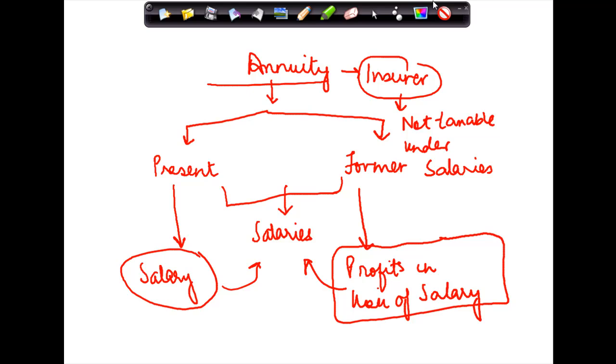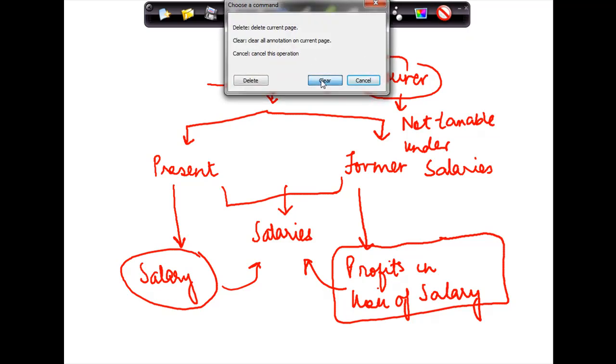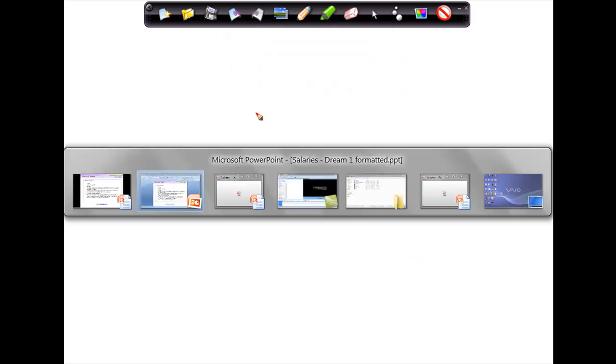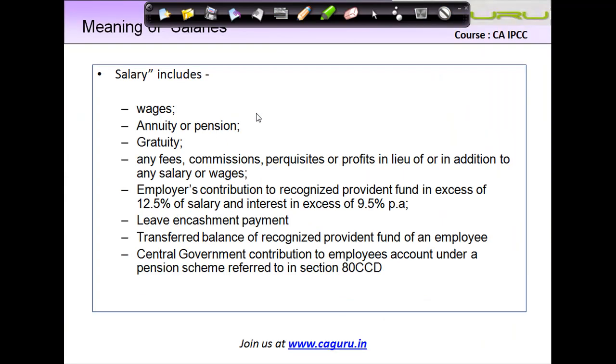Or pension. The next one which we saw was pensions. Now your question might be, what do you mean by pension? Normally once an employee resigns from the services, say someone worked till the age of 58 and thereafter retires, in order to show gratitude towards that person who served the company for a long time, companies give pension, which means maybe not the entire salary but a percentage of their salary till a particular point in time or till they are alive.